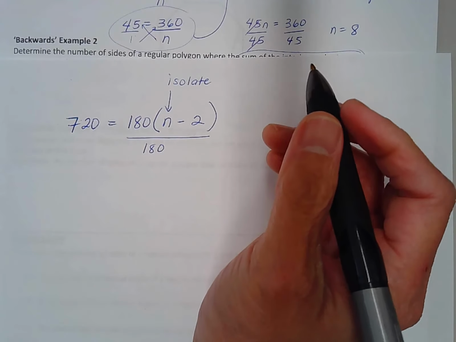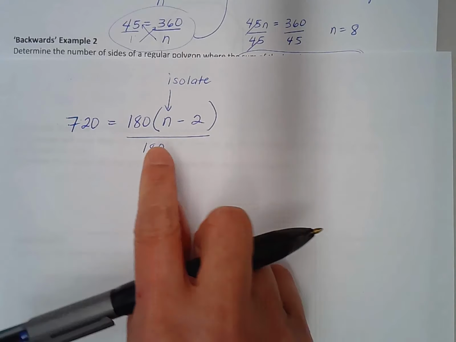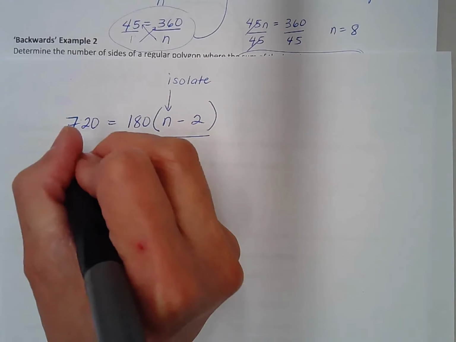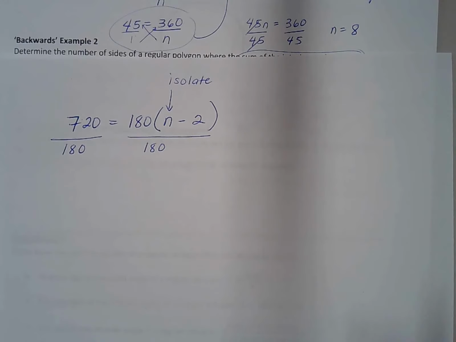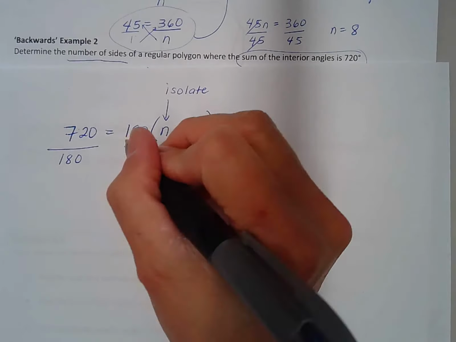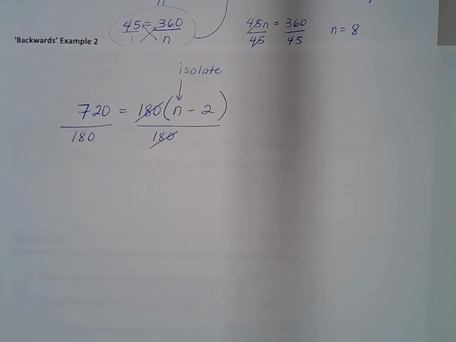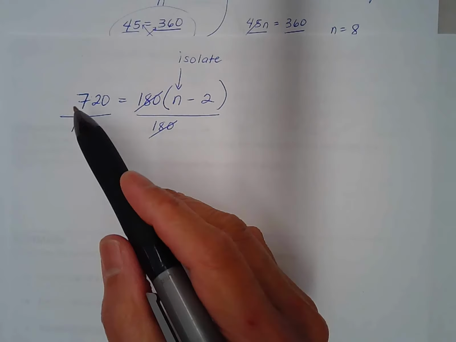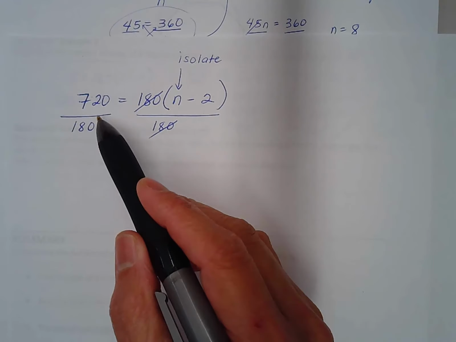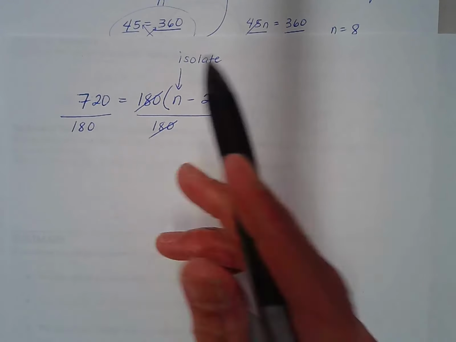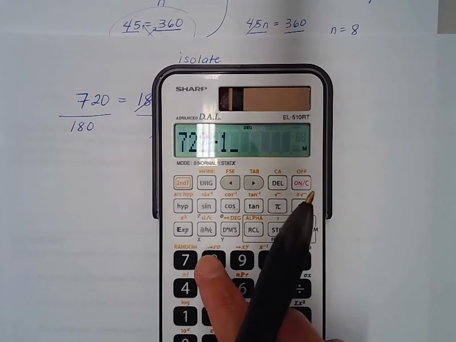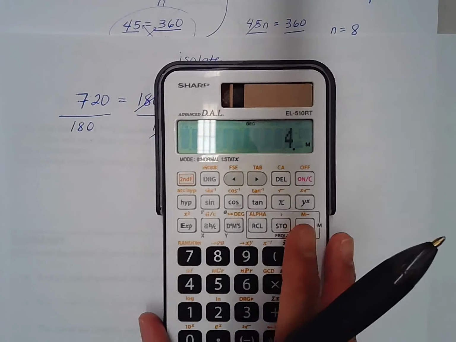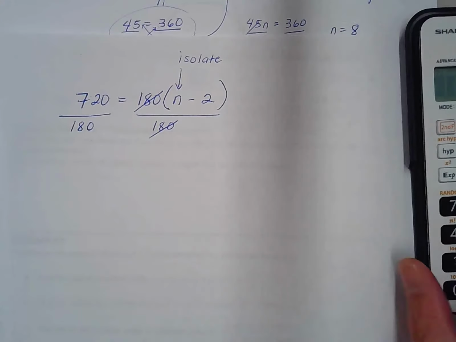If I divide by 180 here, I have to divide by 180 on the other side as well, because we're keeping a balanced equation. So this cancels, that's gone. Then 720 divided by 180 is 4.